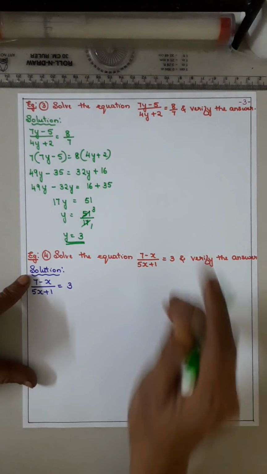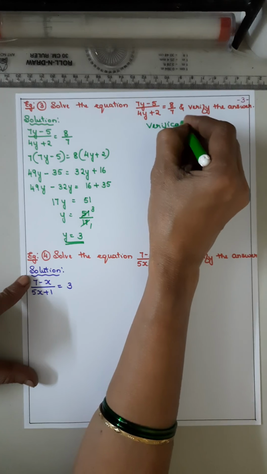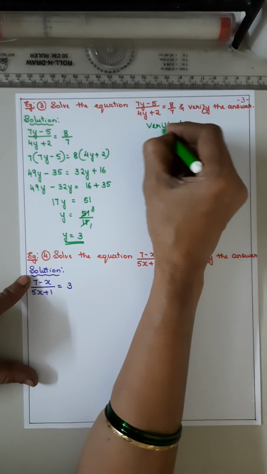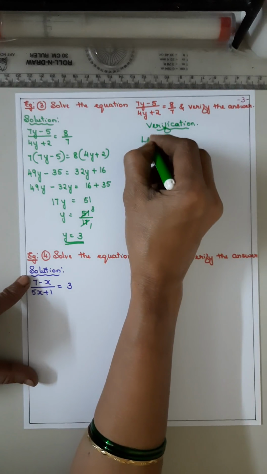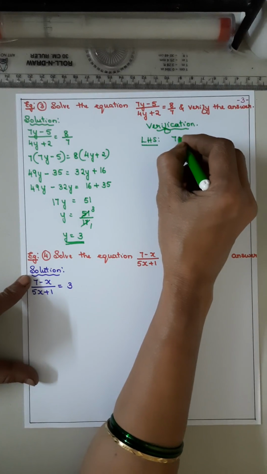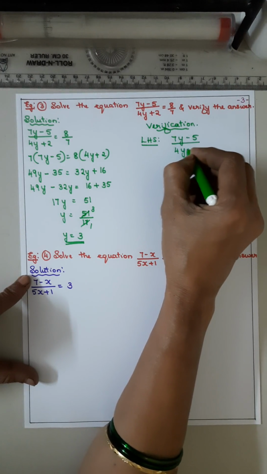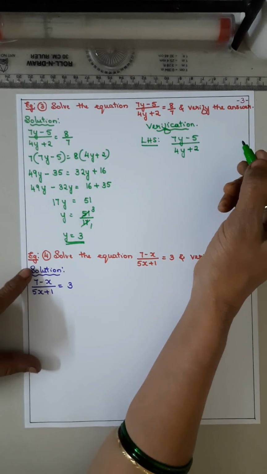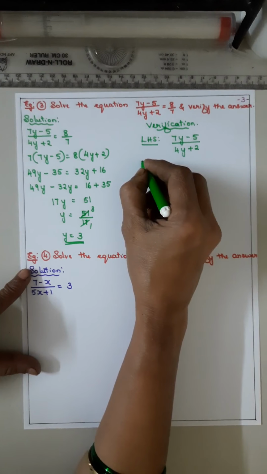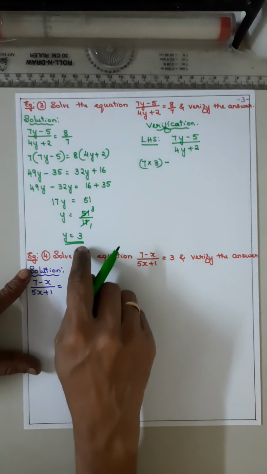Now verification. LHS, the question, it is 7y minus 5 upon 4y plus 2. Put the values, 7 into 3, y is 3.